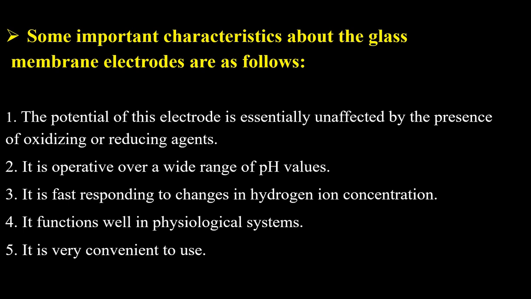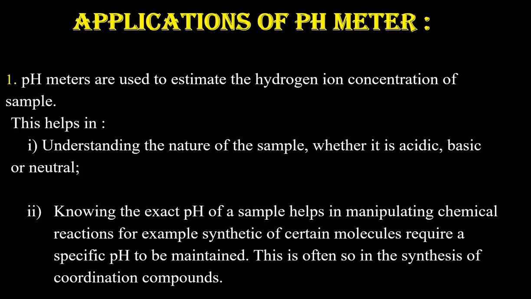It is fast responding to changes in the hydrogen ion concentration. It functions well in physiological systems, that is in the cellular system. It is very convenient to use. These are some of the important characteristics of the glass membrane electrode.